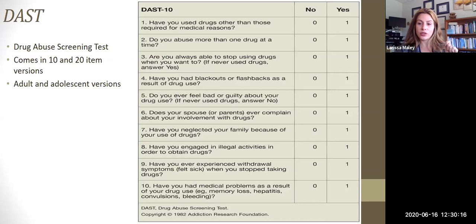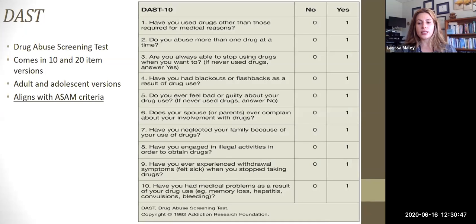So if you administer the DAST, it already levels it for you and tells you based on their score what they are likely to benefit from in terms of level of care, so that if they're outpatient appropriate, or if it's recommended that they're going to need a higher level of care to meet their needs. Because what it's asking is not just use behavior, it's asking questions that have to do with consequences. So it's looking at the types of problems that they're experiencing, regardless of how much they're using.